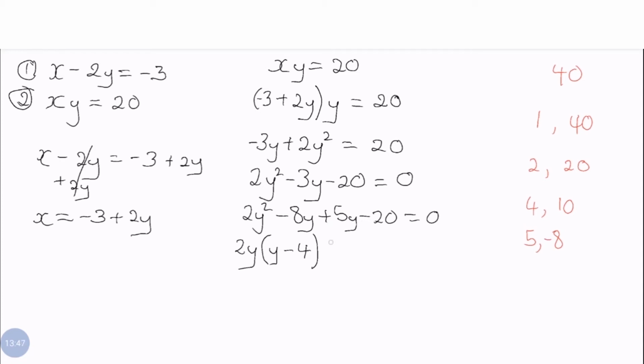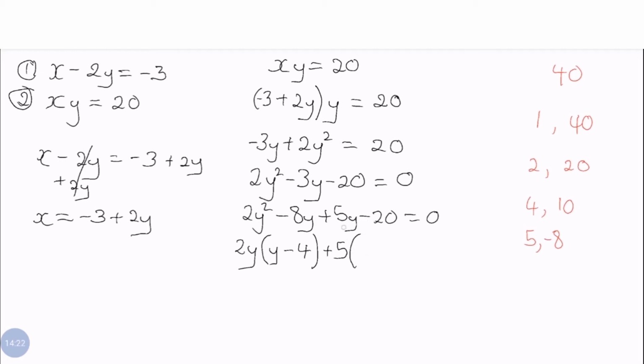Now we have to find the common factor between the last two terms. The common factor between 5y and minus 20 is 5. So let us factor out 5. So plus 5, and then we introduce our bracket.